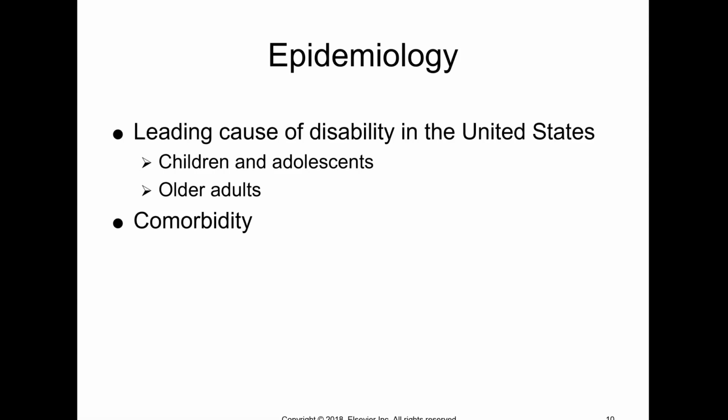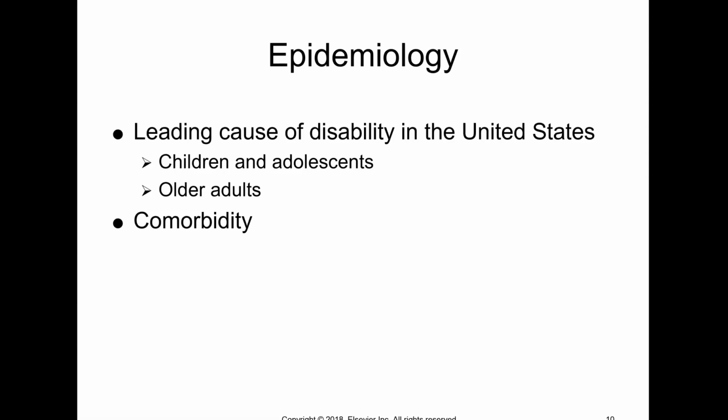The other thing of note is that how it presents in children, adolescents, and older adults may be different than the way it presents in a standard adult. Children, babies even, can have indications of depression. Loss of things that they're interested in, not wanting to play with friends.